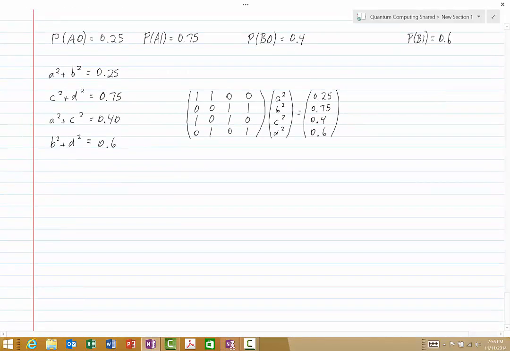And so if you remember from your linear algebra courses, how you would try to solve this problem. Of course, one way would be with determinants, but I'll just use Gaussian elimination. So we'll say 1, 1, 0, 0, 0, 1, 0, 1, and then 0.25, 0.75, 0.4, and 0.6. This is what they call the augmented matrix approach, in case you have seen that terminology before.